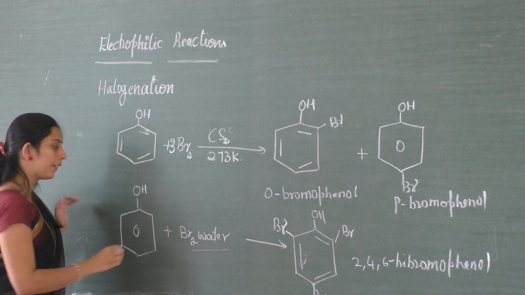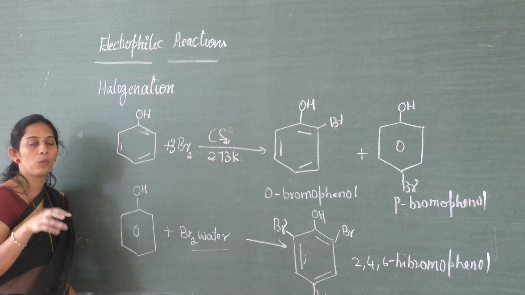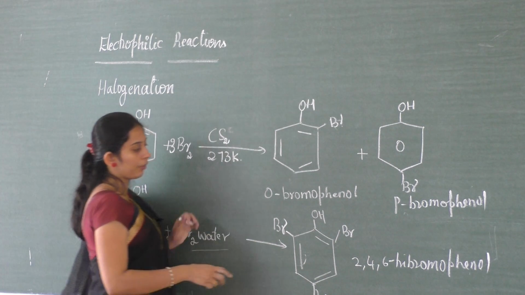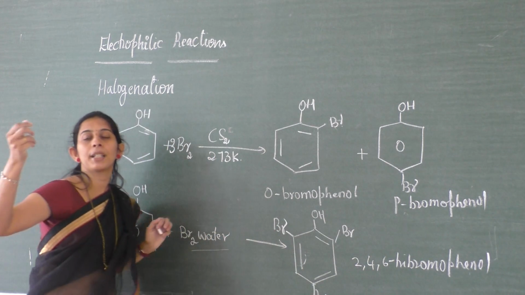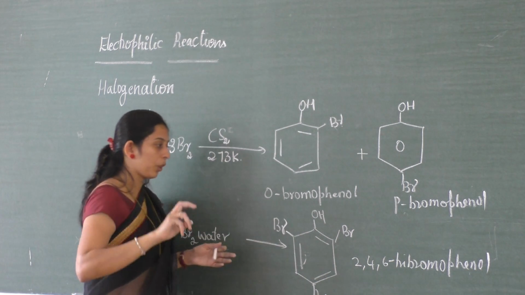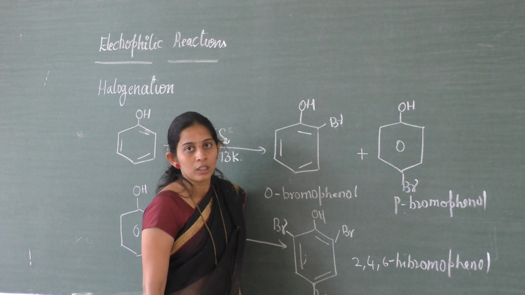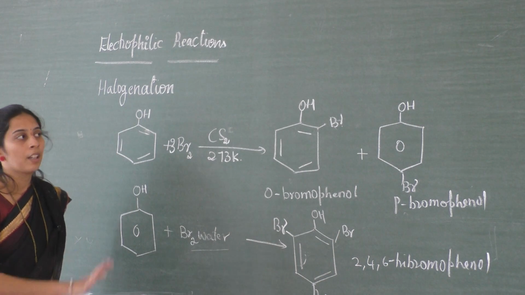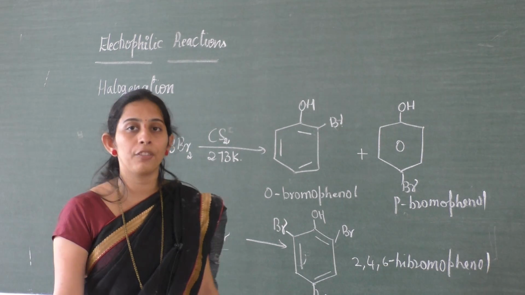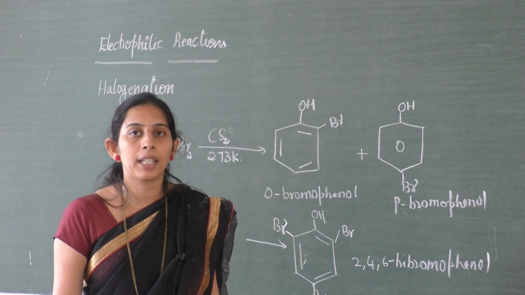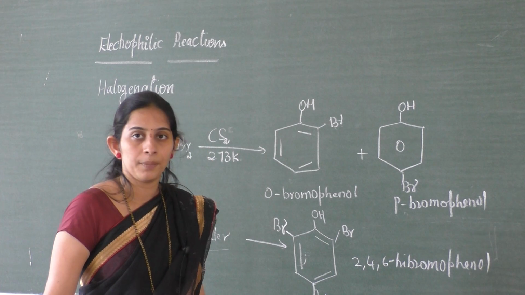Whereas when you treat with bromine water, excess bromine dissolved in water, at that time we get a white precipitate product. If you do the experiment you get a white precipitate. When you study that molecule, it is 2,4,6 tribromophenol. So this is regarding bromination. Whereas in nitration we got 2,4,6 trinitrophenol, a yellow colored precipitate, picric acid. This is a white colored precipitate, 2,4,6 tribromophenol.